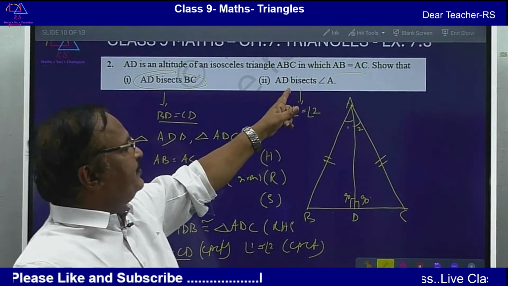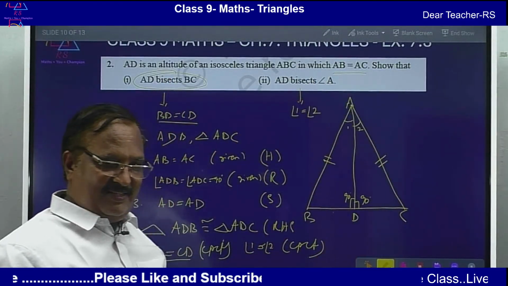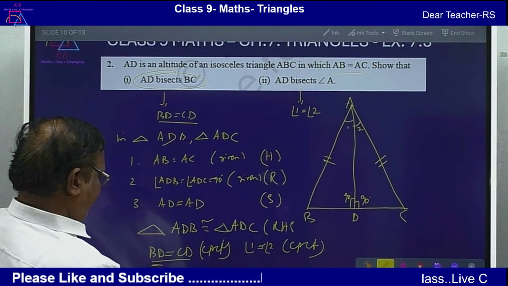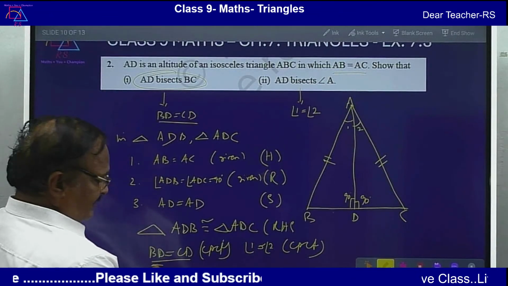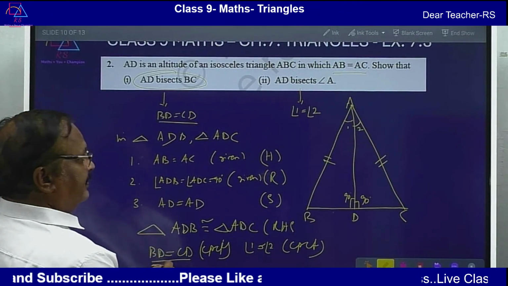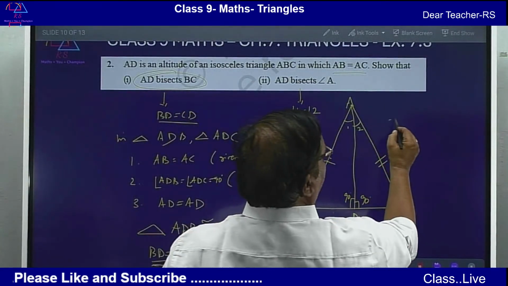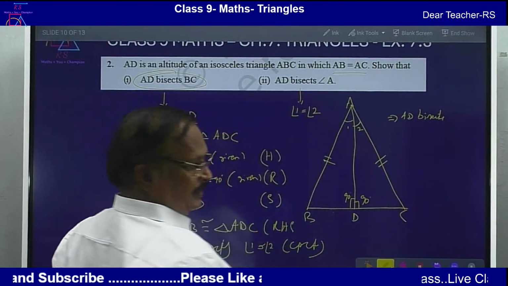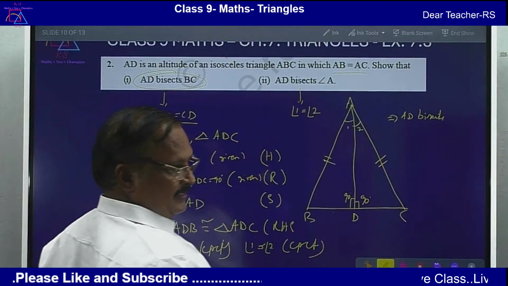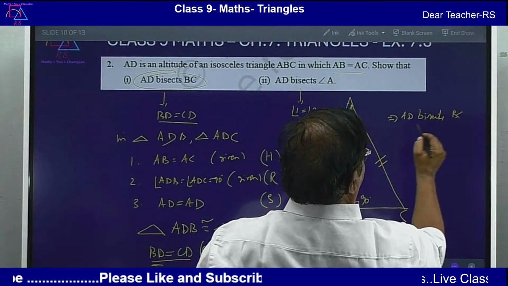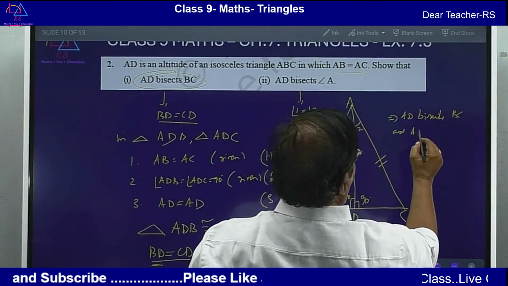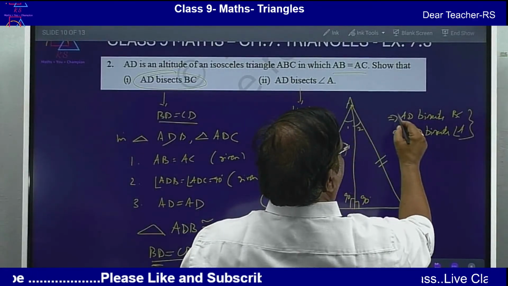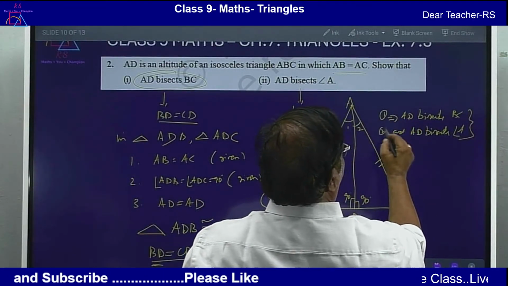Because 1 is equal to 2, AD bisects angle A. That implies AD bisects BC and AD bisects angle A. This is 1 and this is 2.